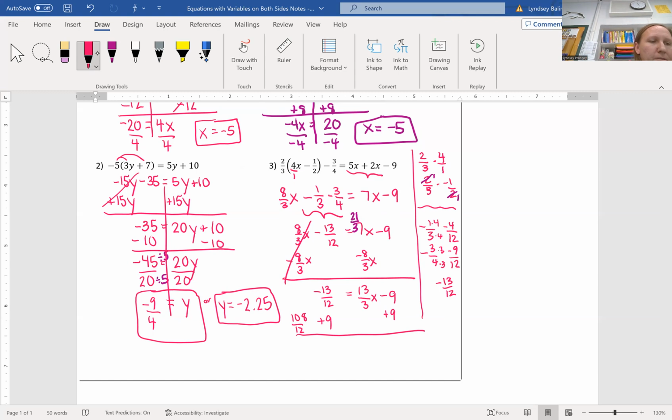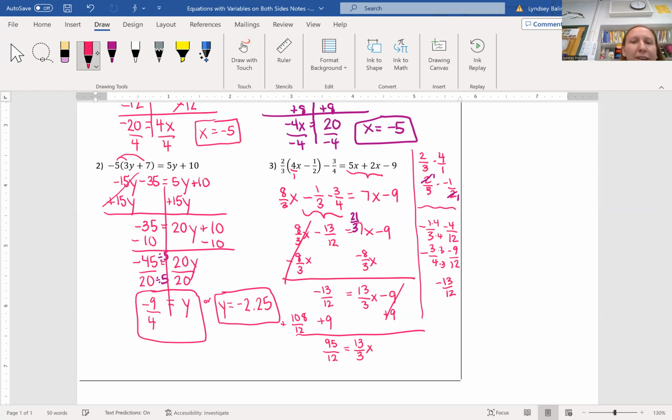Just verify. Yes, 108/12. And this is why calculators are okay. Now from here, the signs are different. So we subtract, take the sign of the bigger number. So that's going to give us 95 because that's 108 minus 13. So a positive 95/12. We still have our 13/3 x over there.